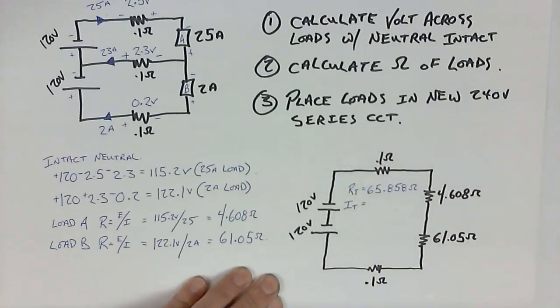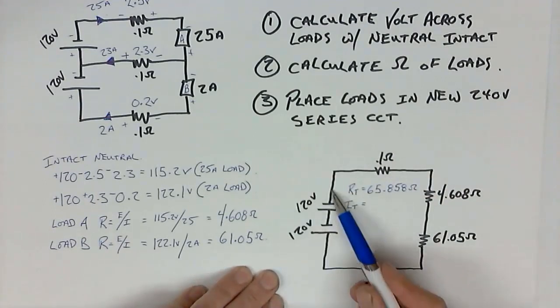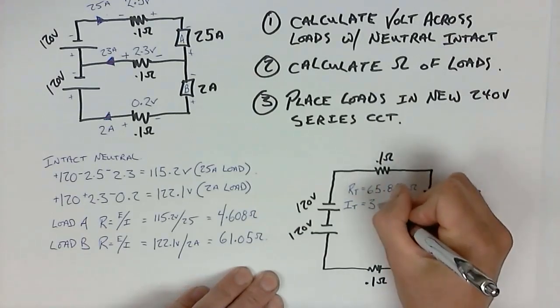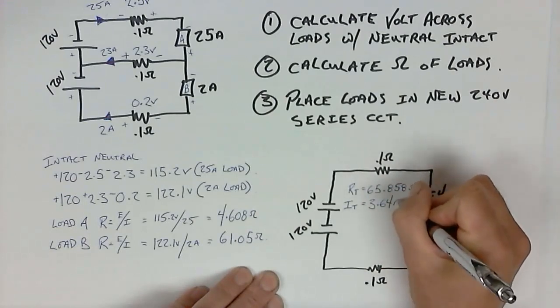Total current of this circuit is going to be the source voltage, 240 volts, divided by the total resistance. So 240 divided by 65.858. I get 3.64 amps.